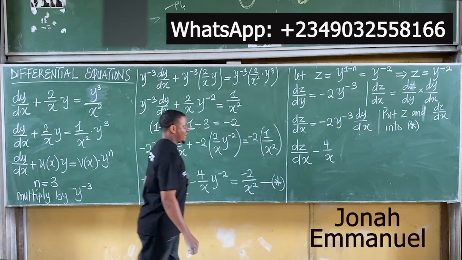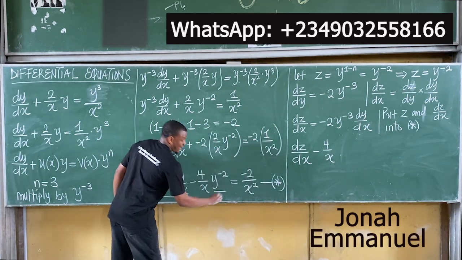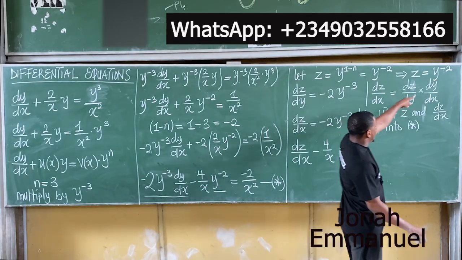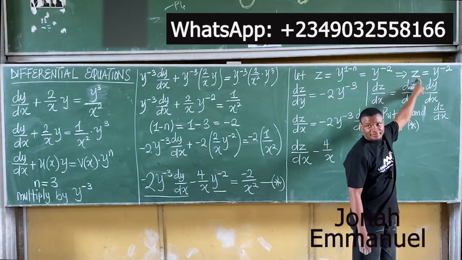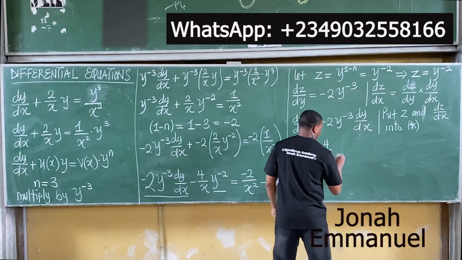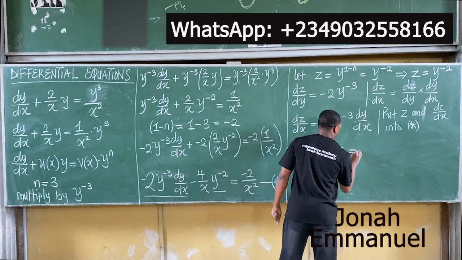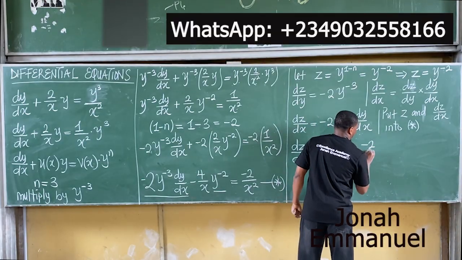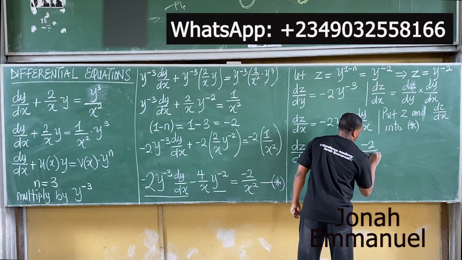Again, observe I have y to power minus 2. Y to power minus 2 is what we call z. So in place of this one here, I'll put z. So this into z is equal to, you now have this, minus 2 all over x squared.